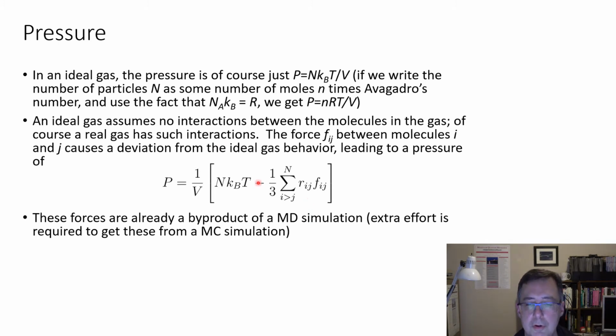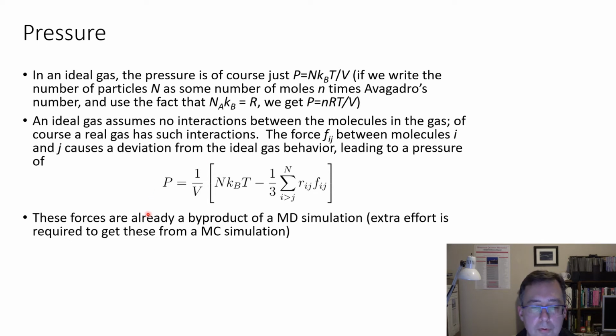So it's a negative correction. And I sum over all unique pairs of atoms i and j, say i greater than j, just to get the unique pairs and not double count them. There's a 1/3 because there are 3 degrees of freedom. And that will give me a value for the pressure.